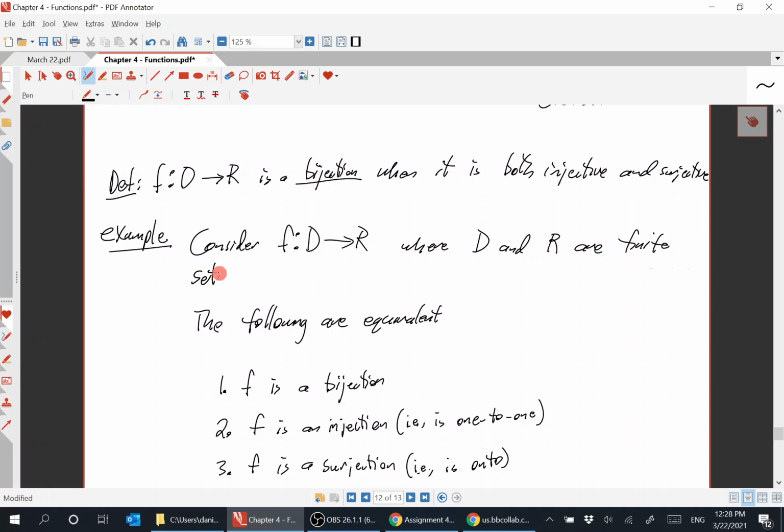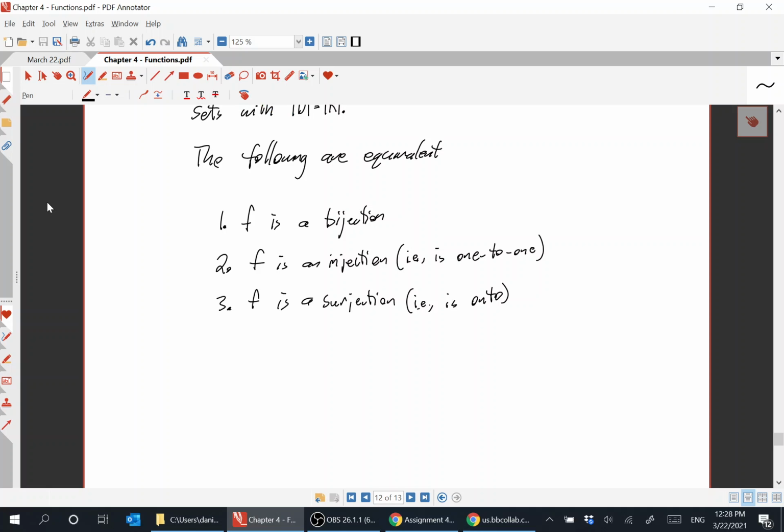D and R are finite sets with the order of D equal to the order of R. And of course, this is not true with infinite sets.